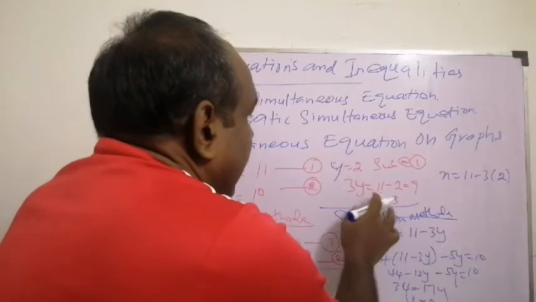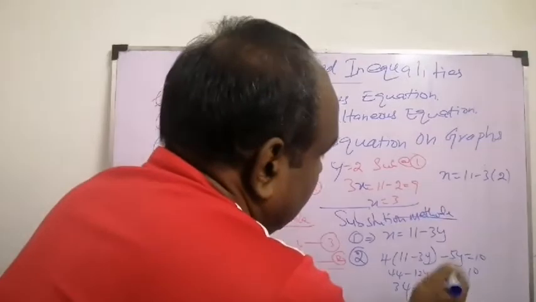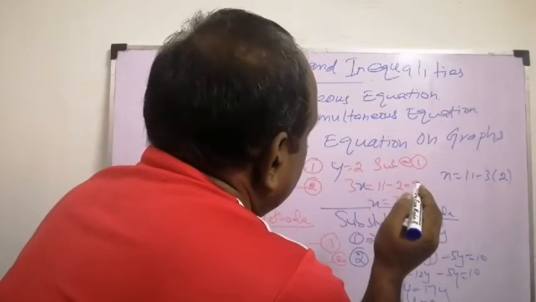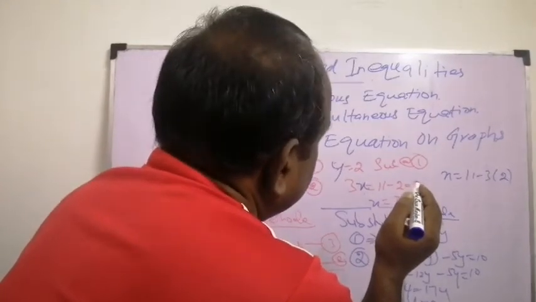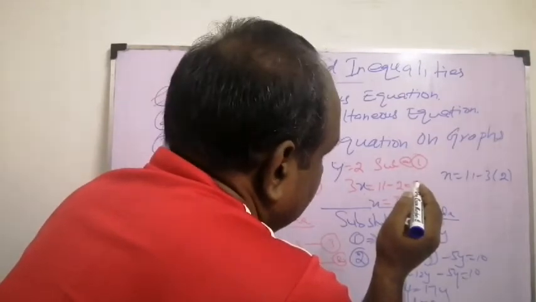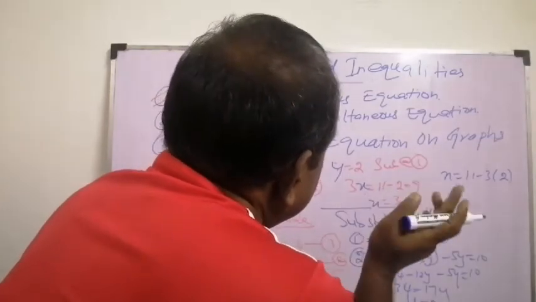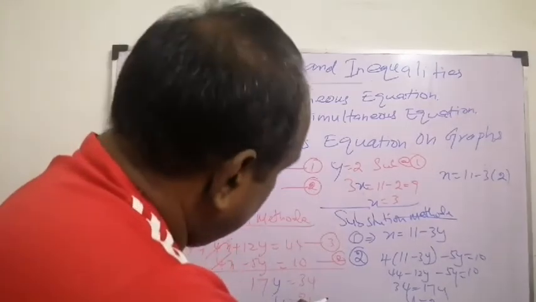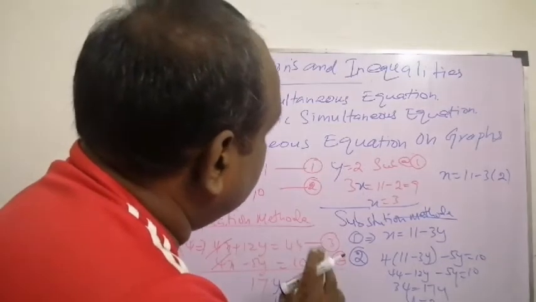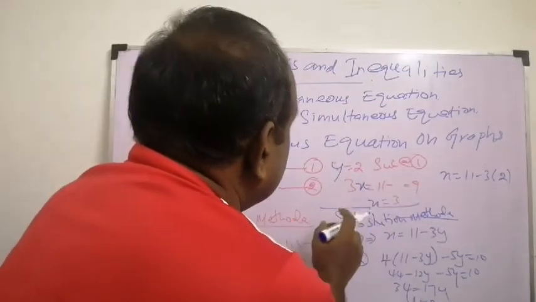Then x, from the first equation, x is equal to 11 minus 3y. Am I correct? Let me check here, 17y, then y is equal to 2, and then x comes to that.